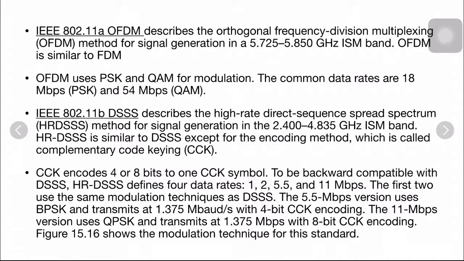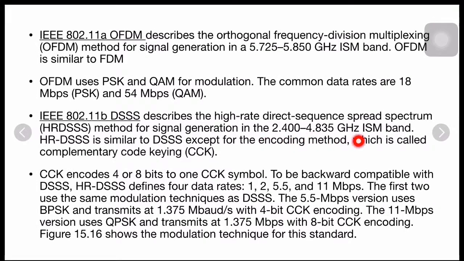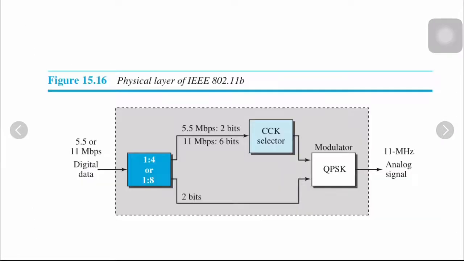Okay, next comes the another version, IEEE 802.11b. This is the version in DSSS. It uses complementary code keying methodology, and this is the frequency range. So here is the structure of that, how it works. So this is the ratio it uses as the input for CCK selector, and both are considered as input for modulation methodology, QPSK methodology, and this is the analog signal frequency.